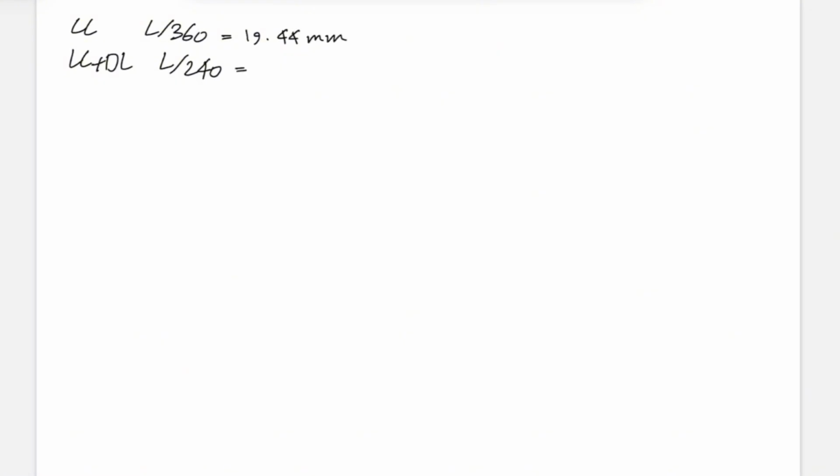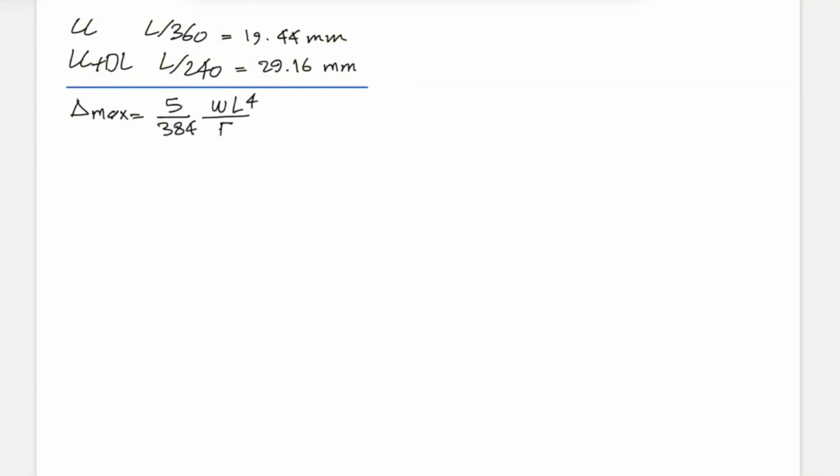L over 240 is 29.16 millimeters. To calculate the maximum deflection, this is the formula: delta maximum is 5 over 384 times WL to the fourth over EI.